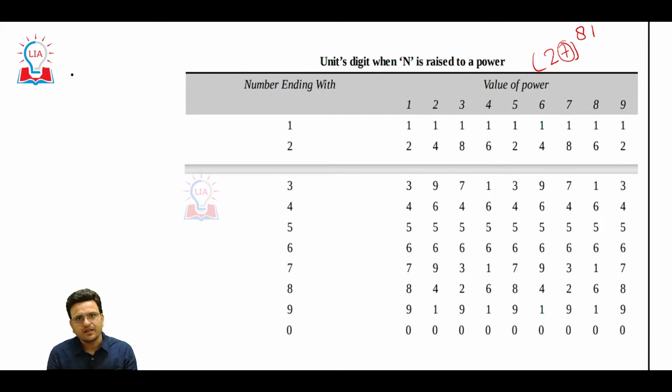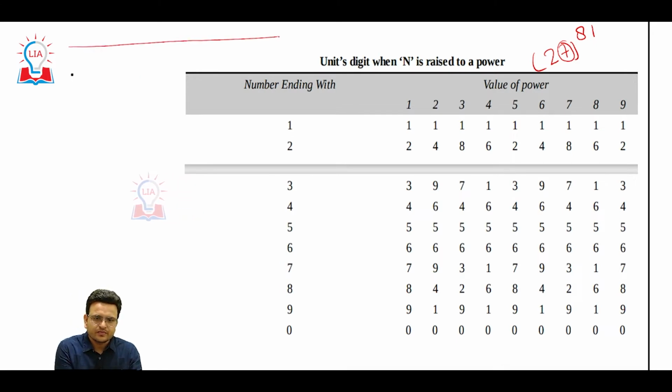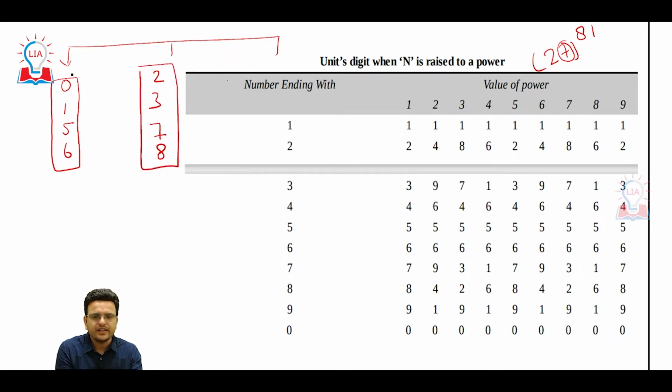In these last digits, I am dividing them into 3 types. One group can be 0 1 5 6. Another group can be 2 3 7 8, and finally the last group can be 4 and 9.